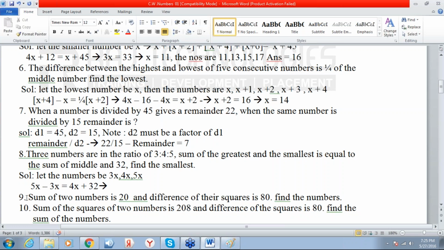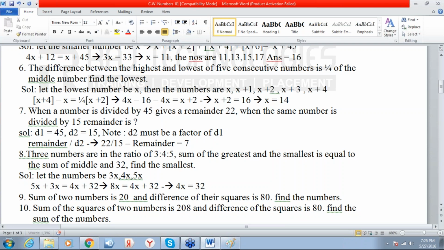8x is equal to 4x plus 32. So 8x minus 4x is equal to 4x, and that is 32.